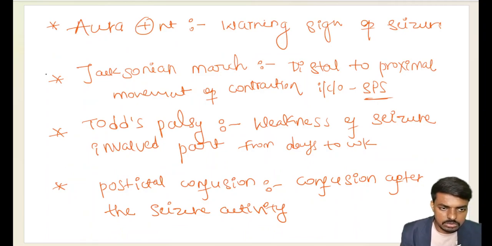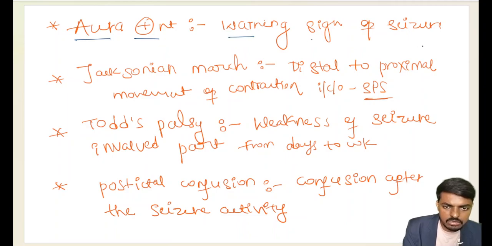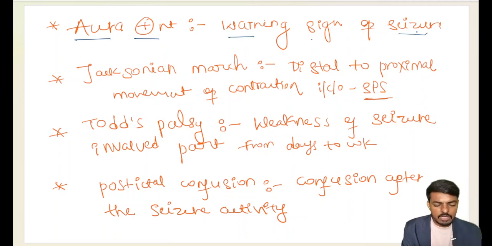So aura present means the warning signs of the seizure activity are present. Here, the nursing responsibility is to protect the patient. When there is a presence of a warning sign, our first focus is to prevent fall risk and injury and protect the patient. What is an aura?